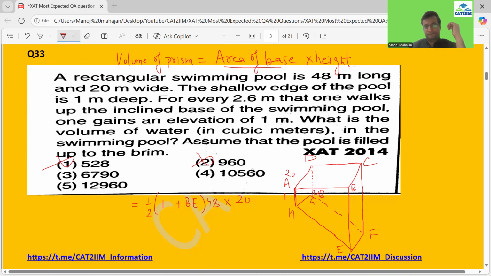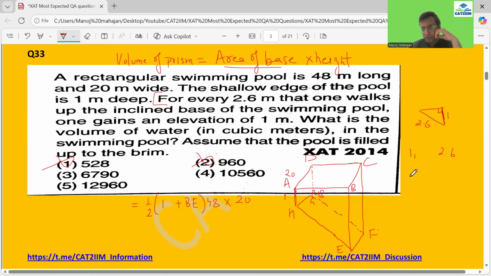Okay. So how are we going to get the value of B? That is what this problem talks about. For every 2.6 when you go along the inclined base, the elevation is what? 1. So if you just use the basic triplet concept, you had 1, you had 2.6.